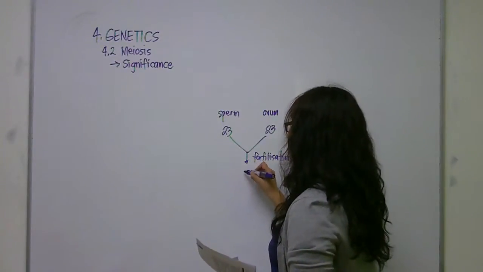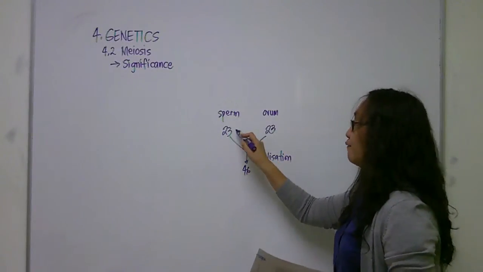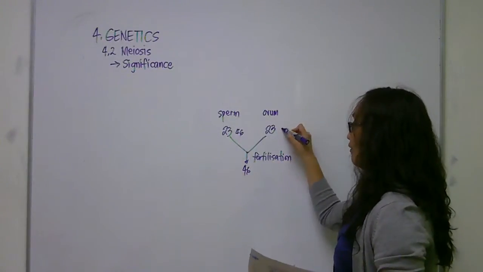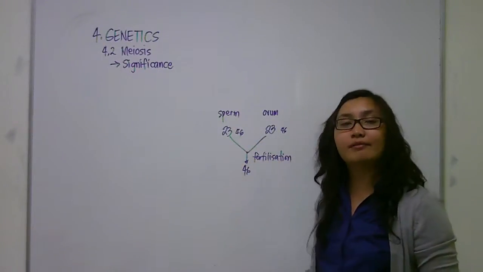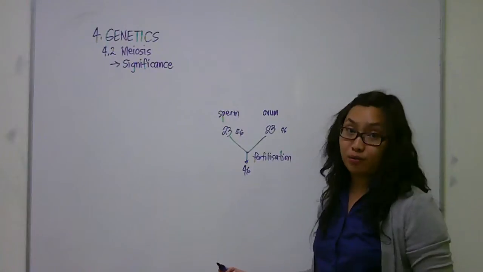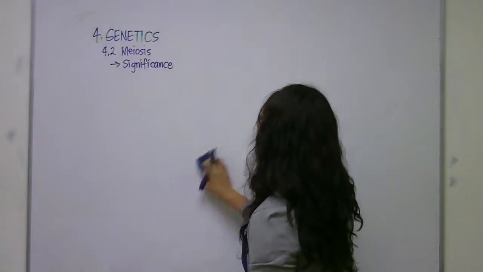It's not logical for the sperm cell to have 46 and the ovum to have 46 as well, because whenever they fuse together, it will have a different number of chromosomes in the end. So that's the significance of meiosis.